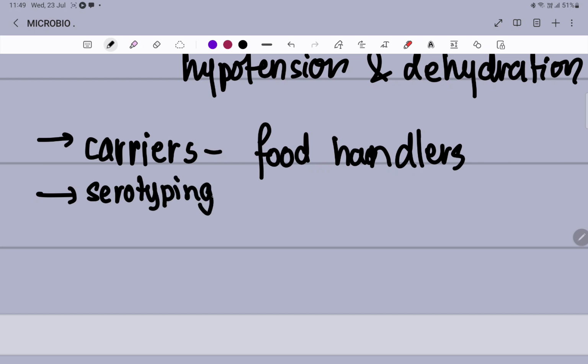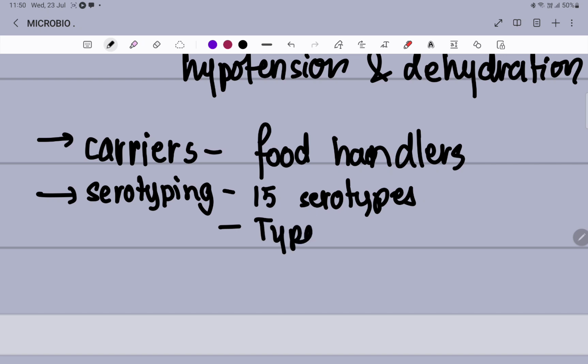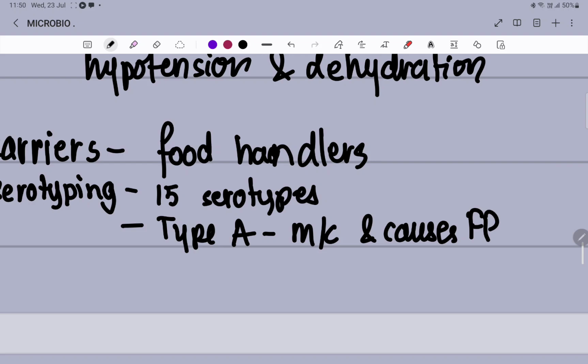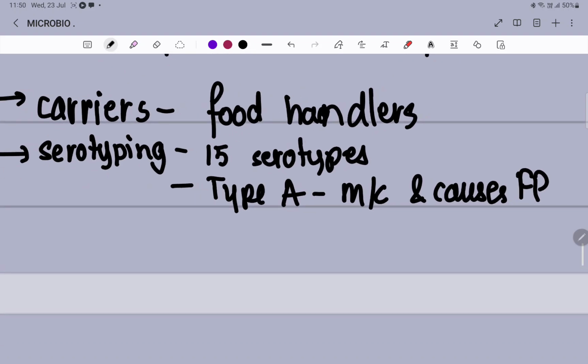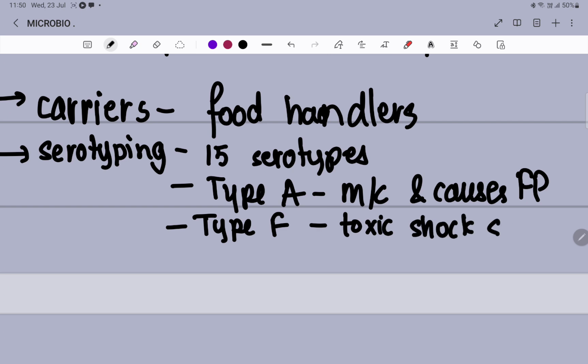There are 15 serotypes, and type A is most common and causes food poisoning. Serotype F does not cause food poisoning, but it causes toxic shock syndrome.